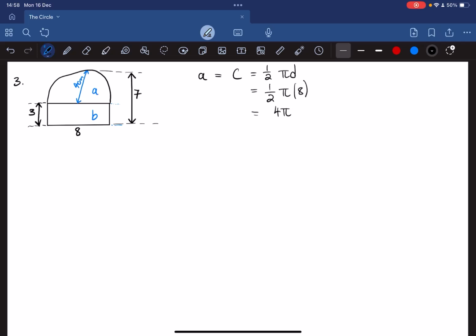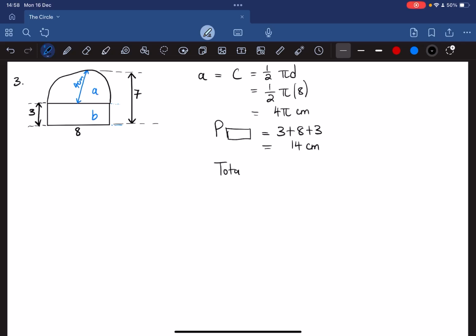Then I'll look for the perimeter of the rectangle. I'll just say P rectangle is equal to this side, that's 3, plus 8, plus this 3. Hence, we get 3 plus 8 plus 3. And the answer that we get is 14 centimeters.